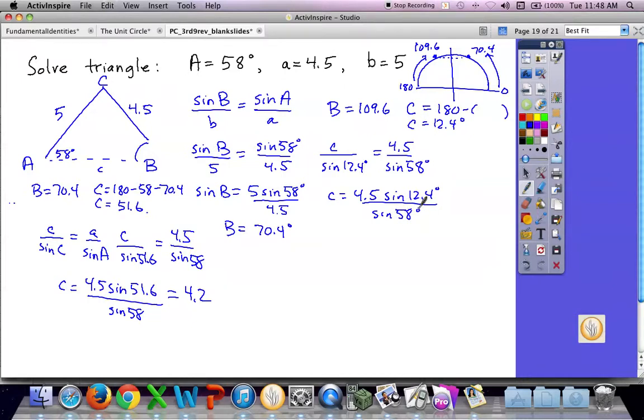So put all that in the calculator. 4.5 sine 12.4 divided by sine 58. 1.1. So solve twice, two triangles.